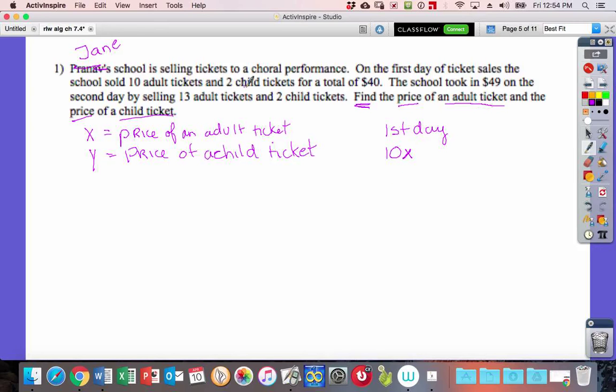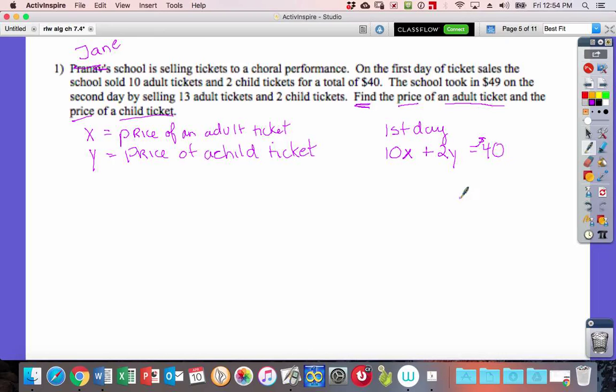And I have 2 child tickets for a total of $40. So if I added that to twice my child tickets, which I defined as y, I would get $40. In this case, it's pretty simple and straightforward: 10 times the price of the adult tickets plus 2 times the price of the child ticket would get me $40.